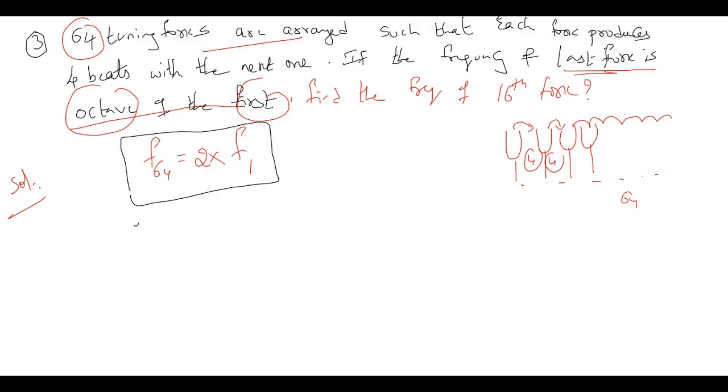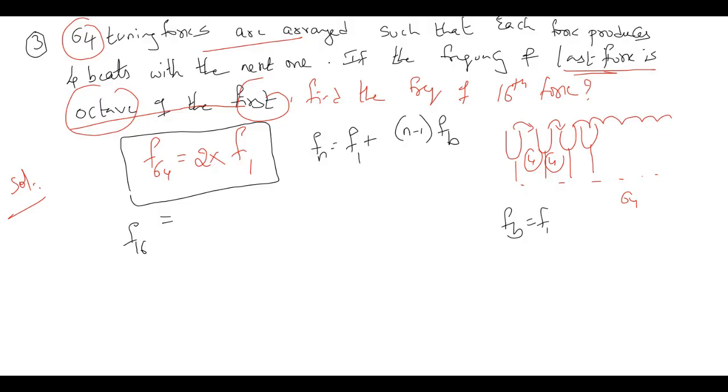Okay. Now we want the 16th tuning fork frequency. Remember the nth frequency formula: Fn is equal to F1 plus N minus 1 into beat frequency. What is beat frequency?